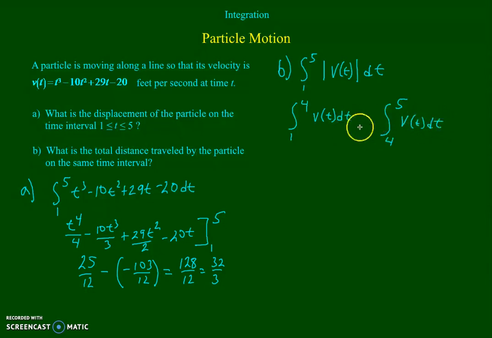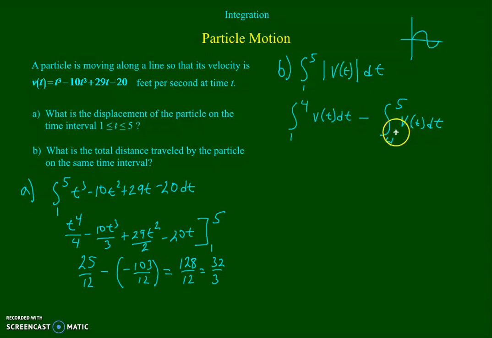Now the trick is, what sign goes in here? Well, we have to add them together. But remember, because we have this strange little negative lobe here, this area is going to come back negative. So if we want that to be a positive value, we're going to want to subtract that negative value. So we would subtract this integral.